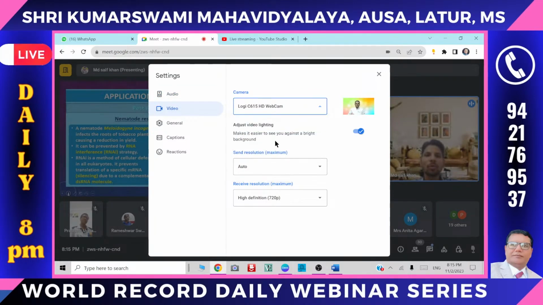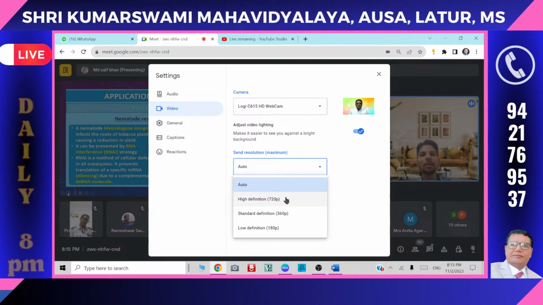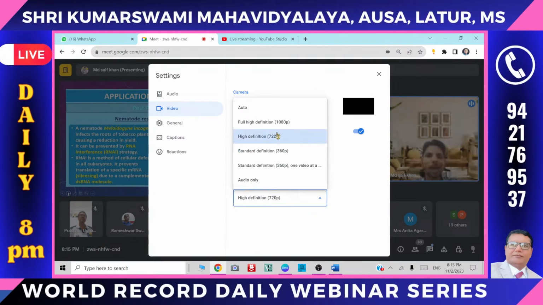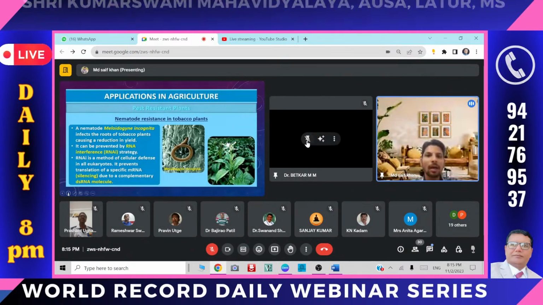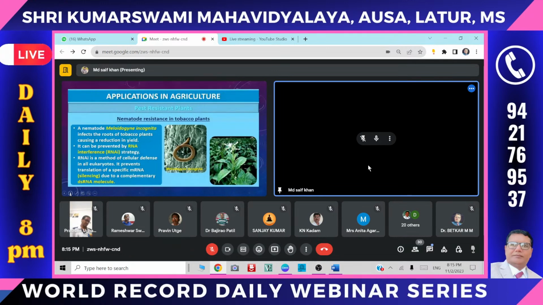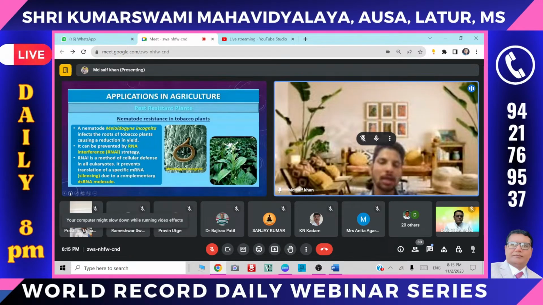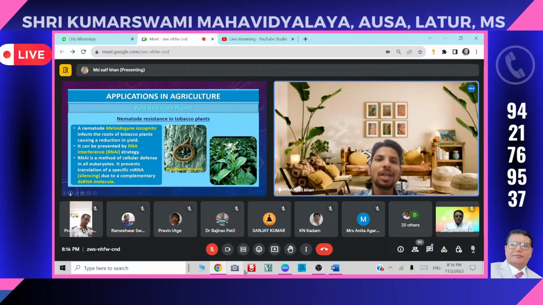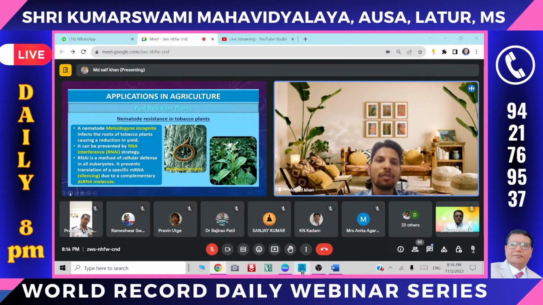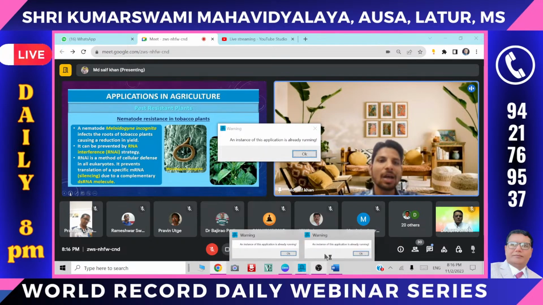Another one is nematode resistance in tobacco plant. The nematode named Meloidogyne incognita infects the roots of the tobacco plant, causing a reduction in the yield. So this is a nematode which is decreasing the yield of the tobacco plant, right? This is being prevented by the RNA interference strategy.